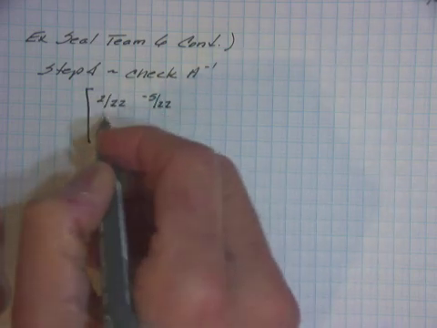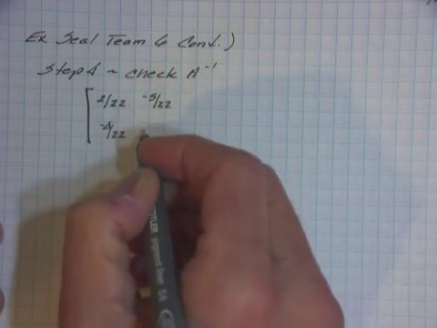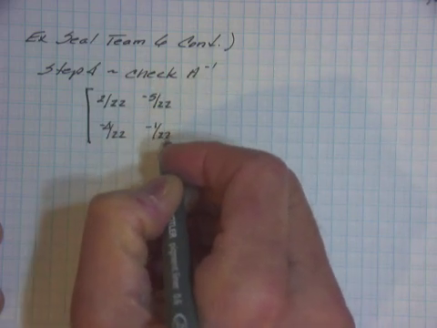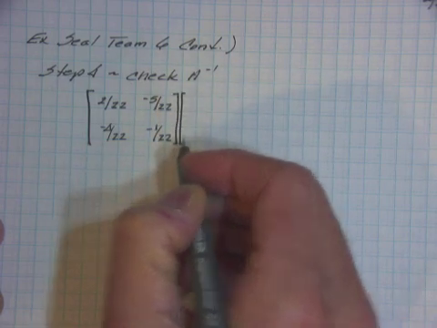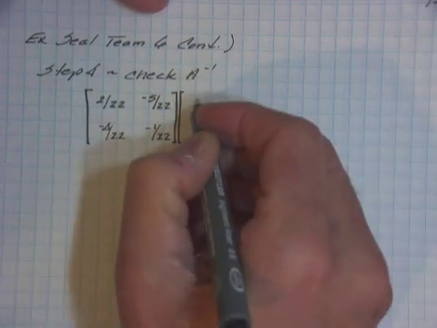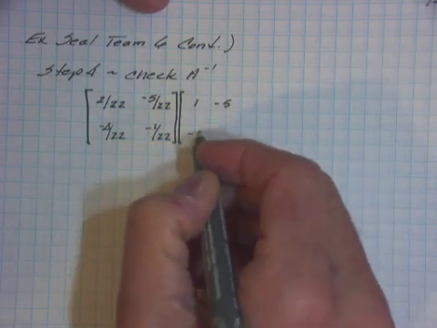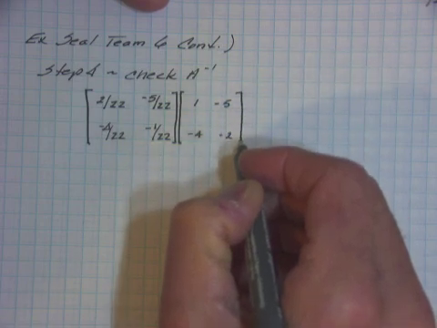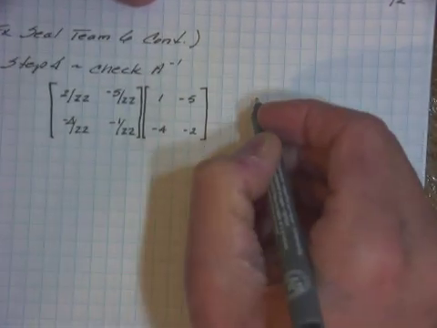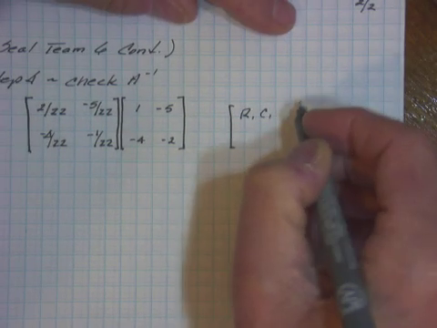So we've got 2 over 22, negative 5 over 22, negative 4 over 22, and negative 1 over 22 times, and the coefficient matrix was 1, negative 5, negative 4, and negative 2.